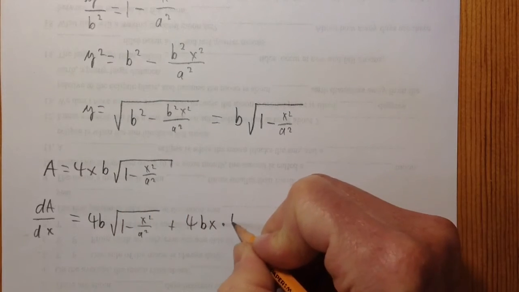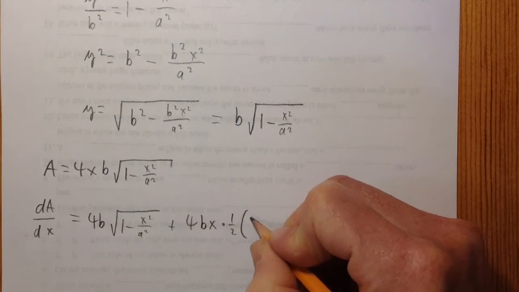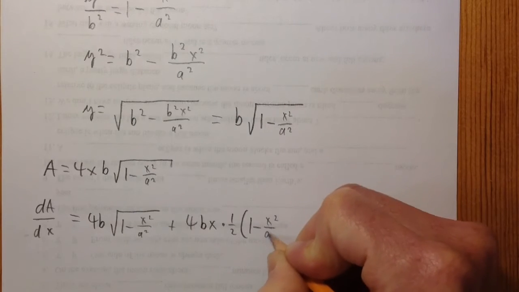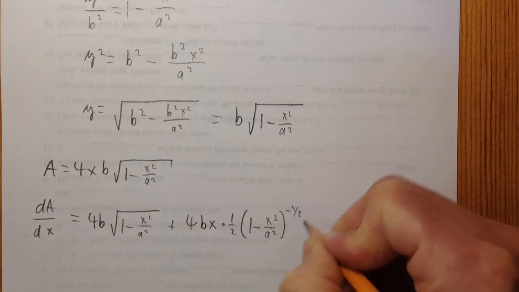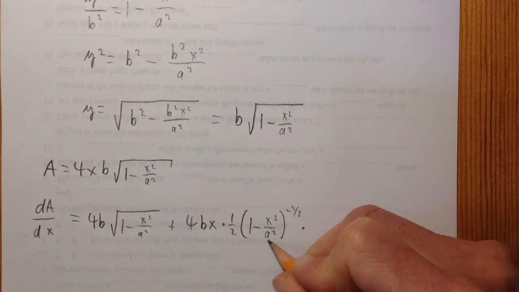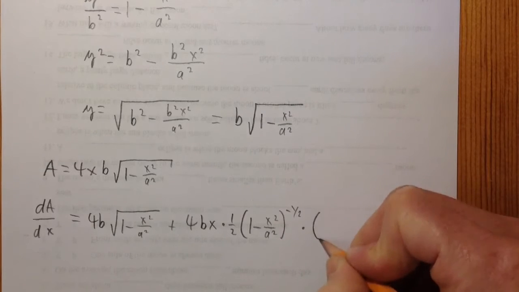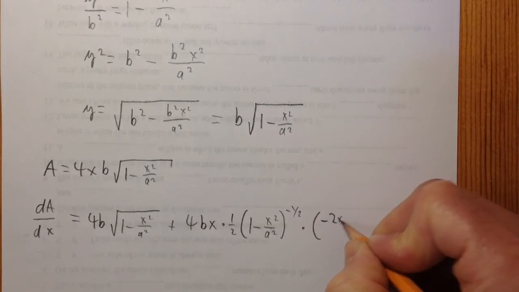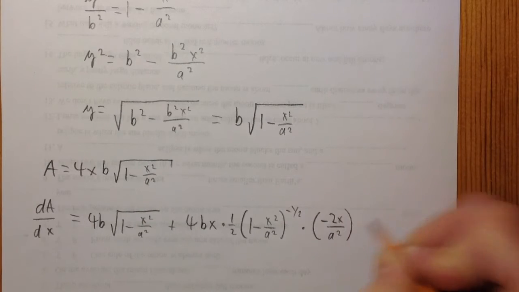So that is always 1/2 times everything inside to the negative 1/2 times the derivative of what's inside. The derivative of 1 is 0. The derivative of negative x squared over a squared is just, let's see, negative 2x over a squared.